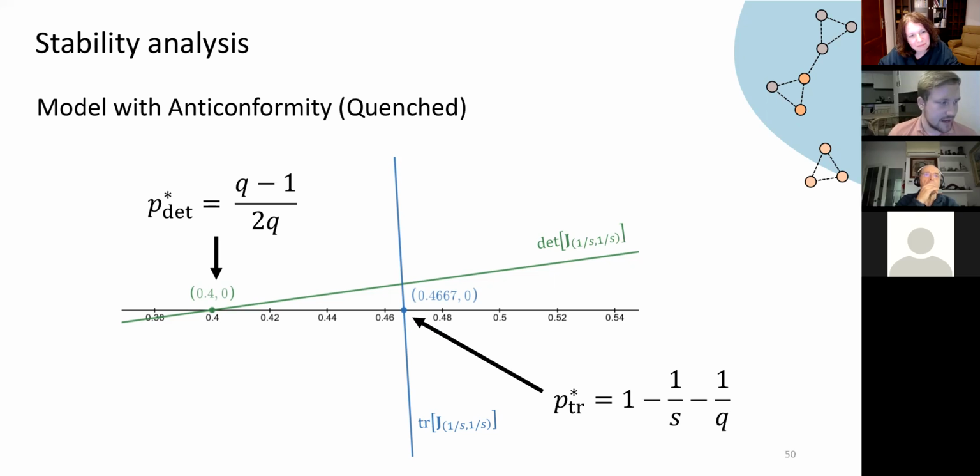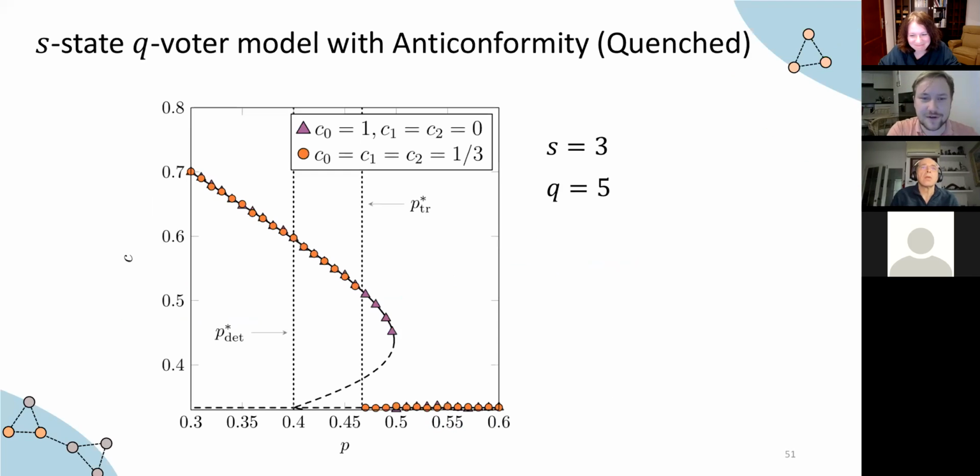And I am able to calculate these two points here, the points at which the determinant and trace change sign. This is quite easy because I have the formula for the determinant, so I can set it equal to 0. It's not tricky. What is cool here is that the determinant root is equal to the lower spinodal of the q-voter model with anticonformity in the binary case. And this is quite funny for me, especially.